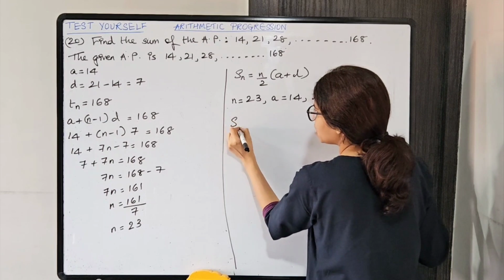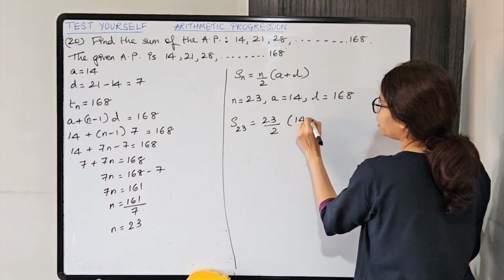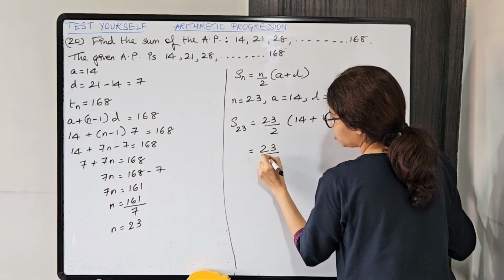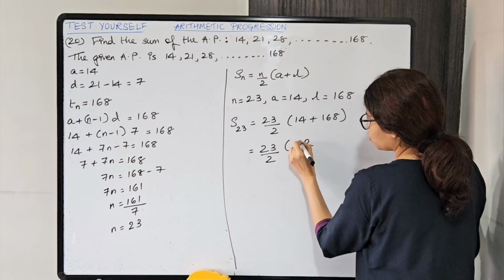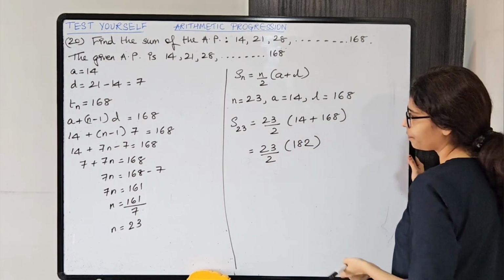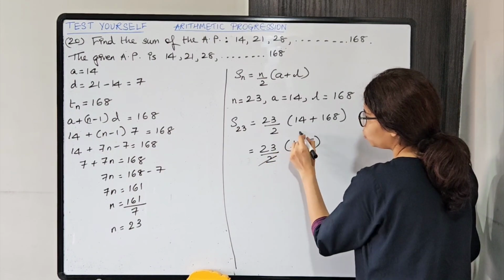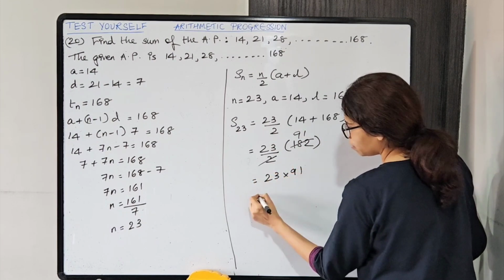So S23 will be 23 by 2 into 14 plus 168. That is 23 by 2 into 14 plus 168 हो जाएगा 182. Okay. Into sign है in between, so I can cancel out. 2 9s are 1s are. So 23 into 91.